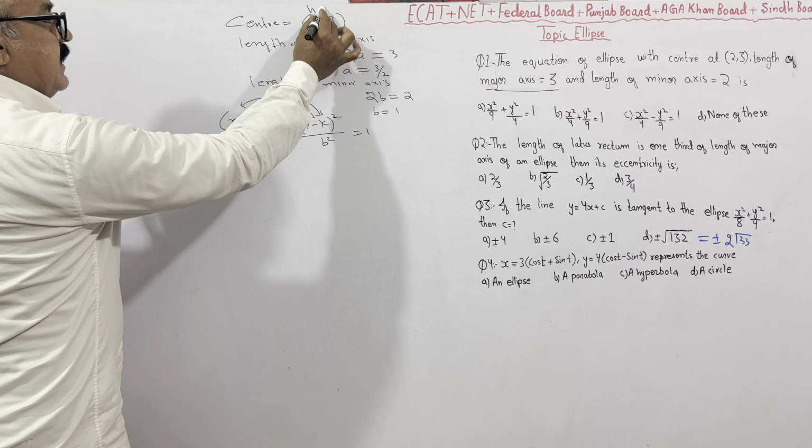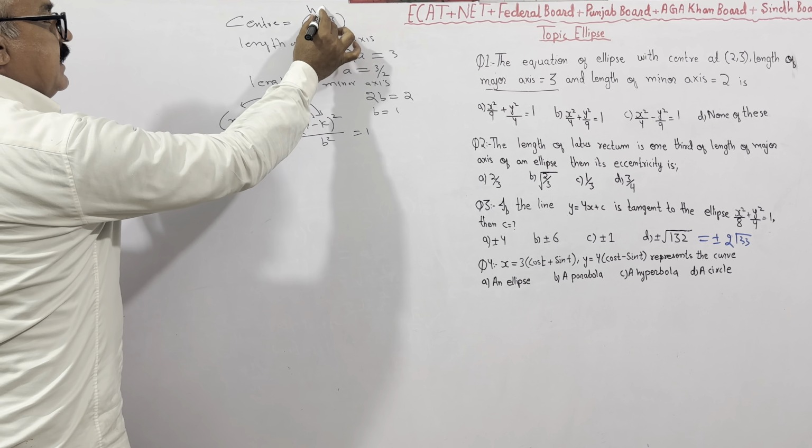If you want to take the major axis along the y-axis, then what is the shift here? Our answer is to be (y minus 3) whole square over (3 over 2) square plus (x minus 2) whole square is equal to 1.